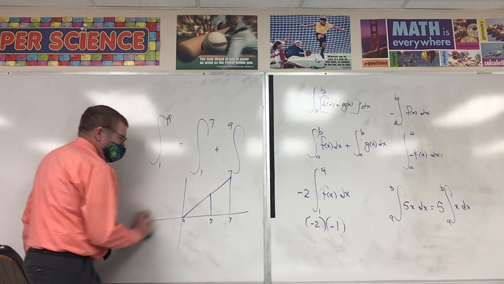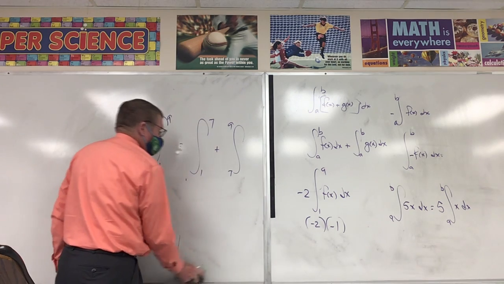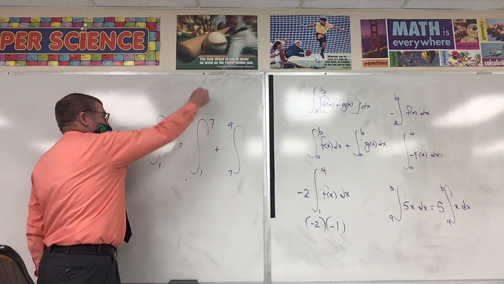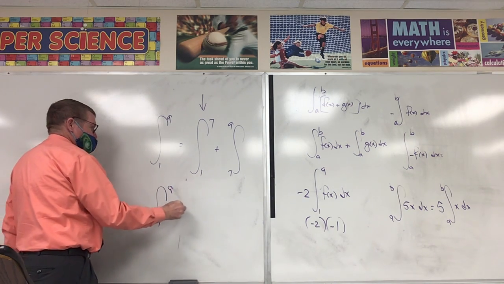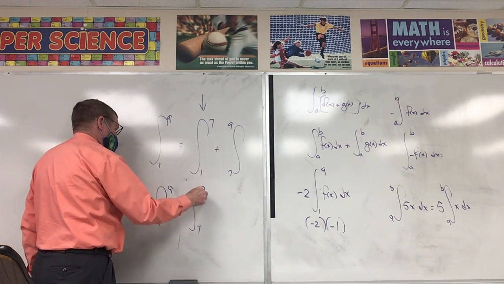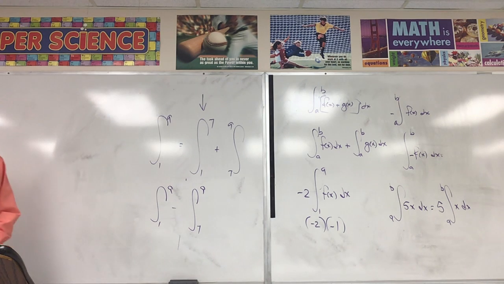So this is just like an equation. They're asking me to find this one. So that's going to be the integral from 1 to 9 minus the integral from 7 to 9. What's the integral of f of x from 1 to 9?